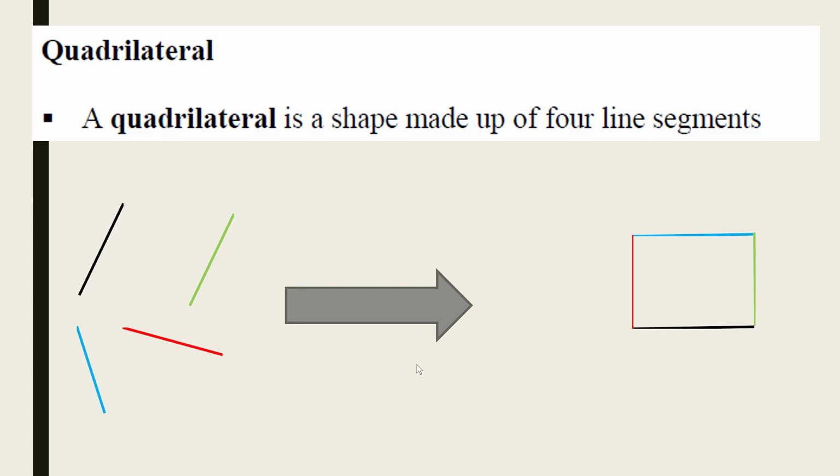When you see a word that has QUA in it, usually in the beginning, it has something to do with four. A quadrilateral is a shape made up of four line segments. We take four lines and whip them together, and that forms a shape. It doesn't have to be a perfectly straight shape as long as it only has four sides.